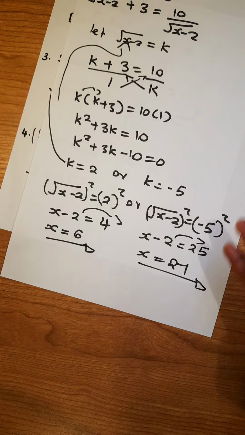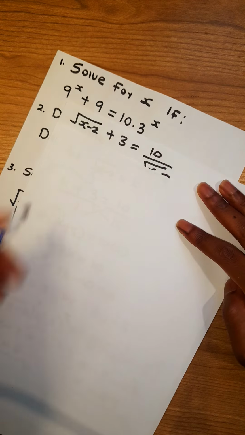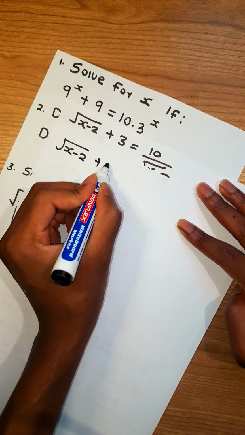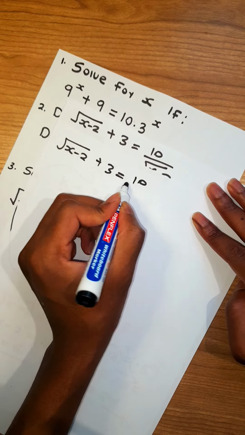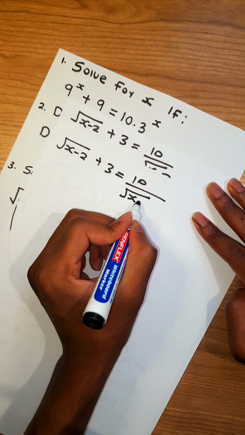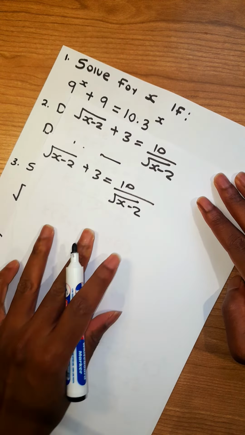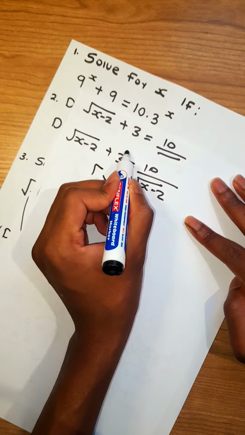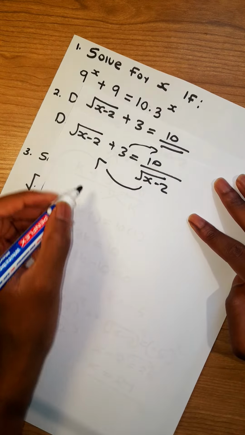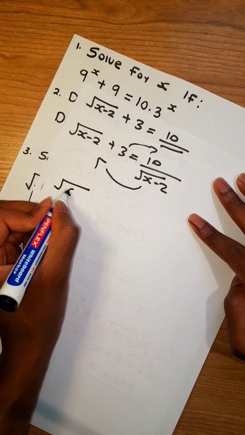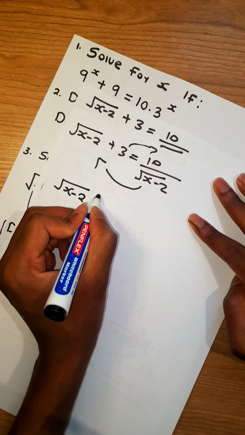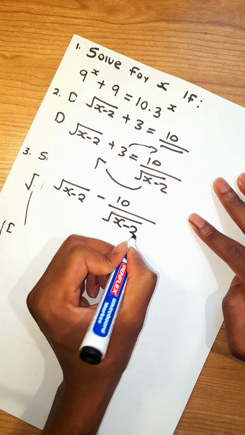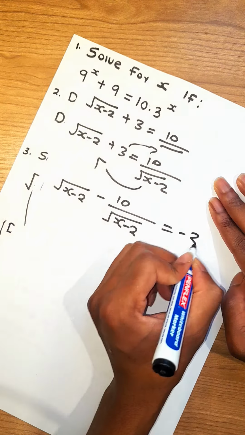From the original expression, you remember that you are having the root of x minus 2 plus 3 equals 10 divided by the root of x minus 2, right? So let's take this to the other side, and let's take this to the other side. What ends up happening is we end up having the root of x minus 2 minus 10 divided by the root of x minus 2 equals minus 3.